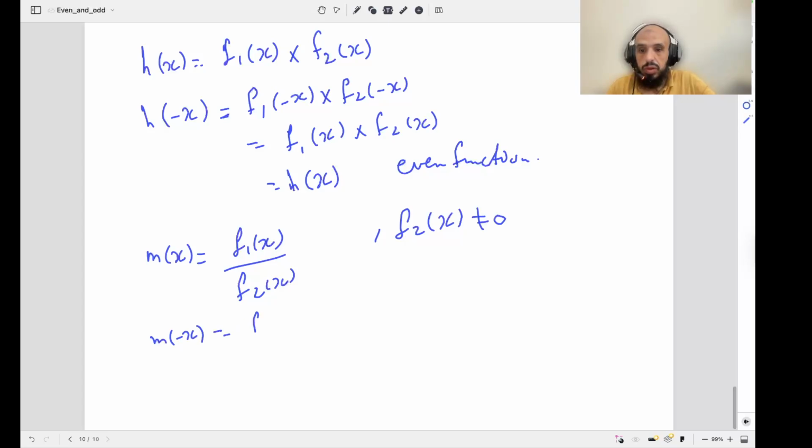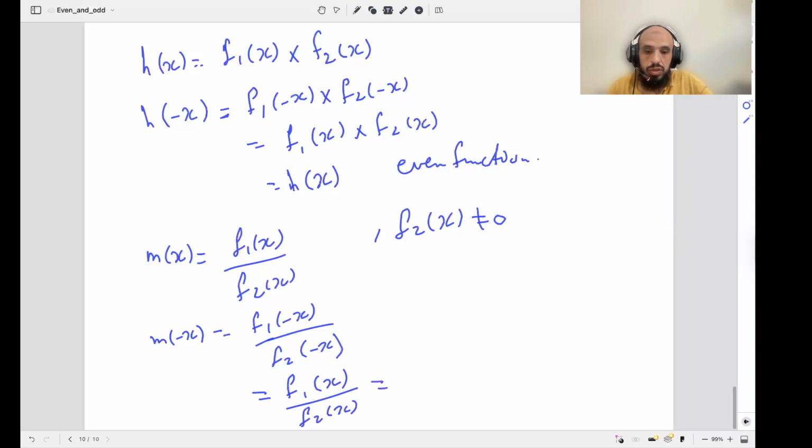It's going to be equal to f1 of negative x divided by f2 of negative x, which is going to be equal to f1 of x divided by f2 of x, which is equal to m of x. So this is an even function.